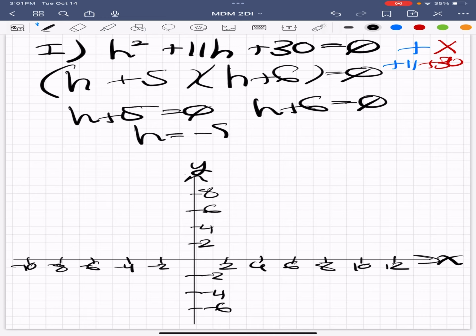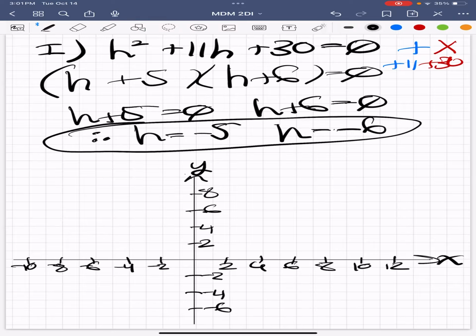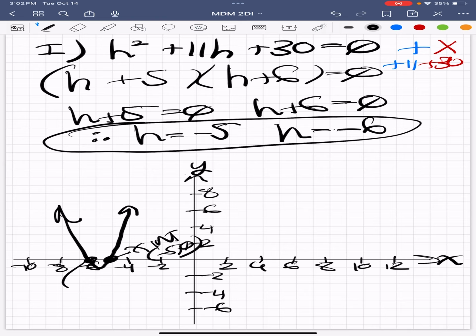And then we have negative 5, and then h would be negative 6. So we have x-intercept negative 5, 0. X-intercept negative 6, 0 as well.